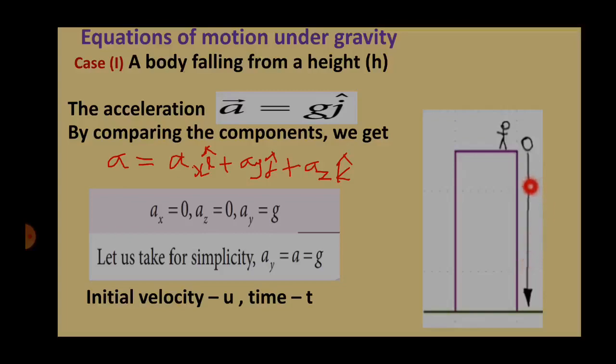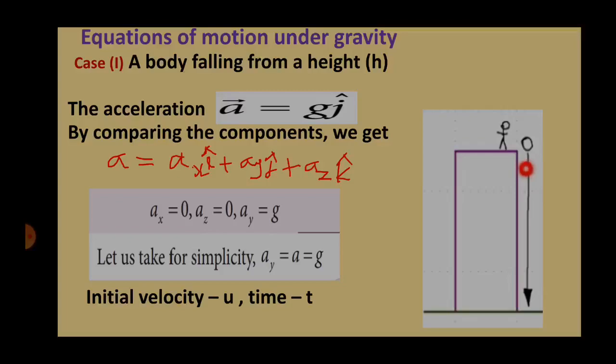So students, for these equations of motion under gravity, there are two cases. First case, a body falling from a height h. In this case I am going to draw the object at the top of a hill.